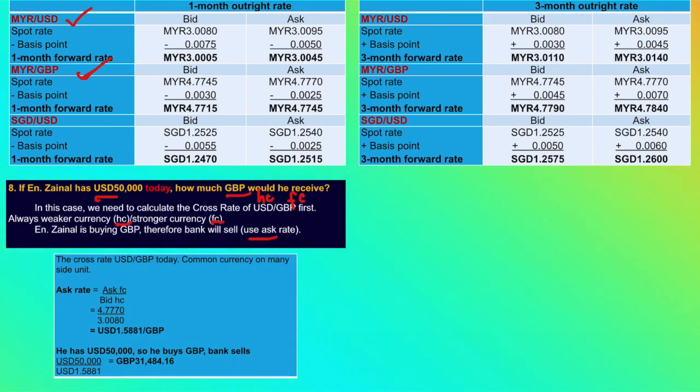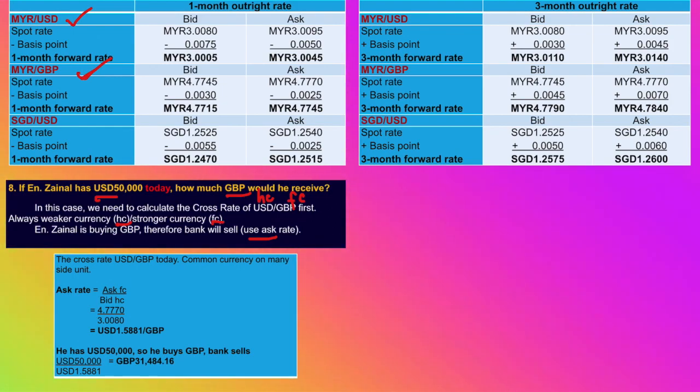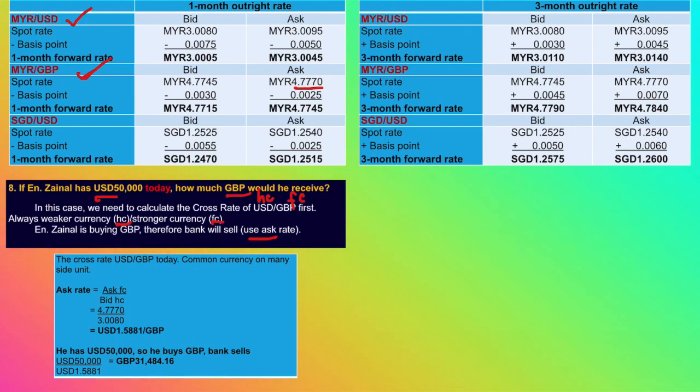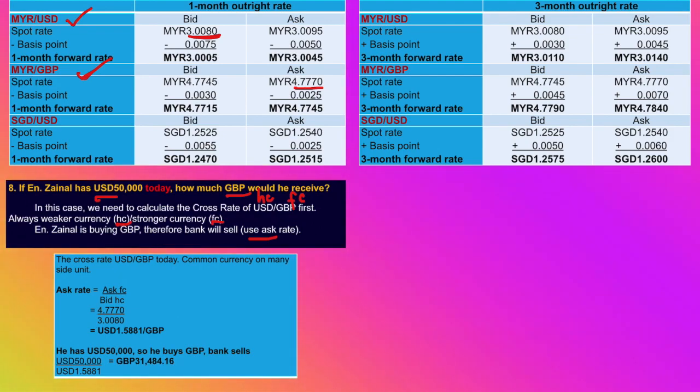So for ask rate, as foreign currency, which is 4.7770 divided by 3.0080. This one is bid home currency. So the answer would be USD 1.5881 per GBP.